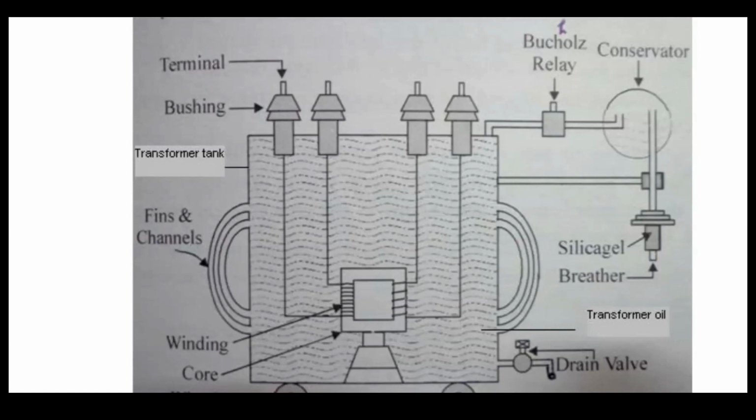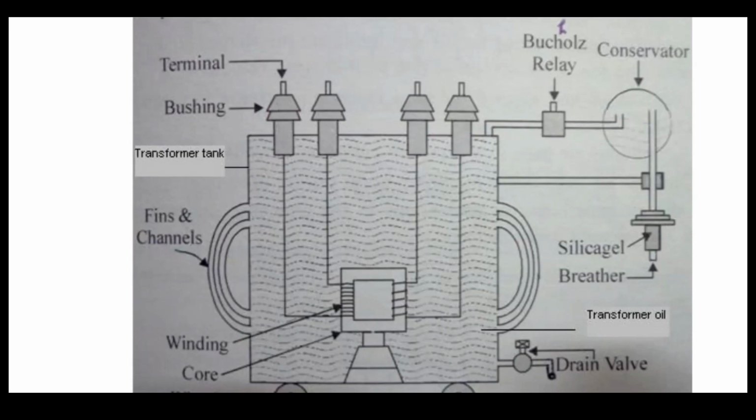So this Buchholz relay is having a transparent glass window. Okay, and it is connected to the transformer tank. So this is a gas actuated relay. So when the bubbles which are produced are more, and they pass from the transformer tank to the conservator, we can identify that the fault is more.